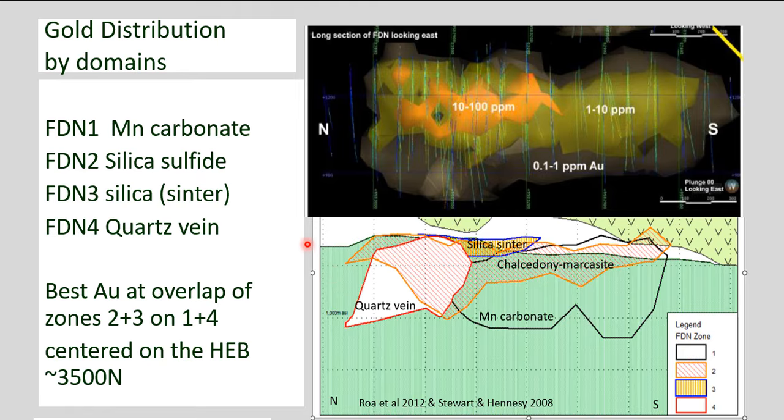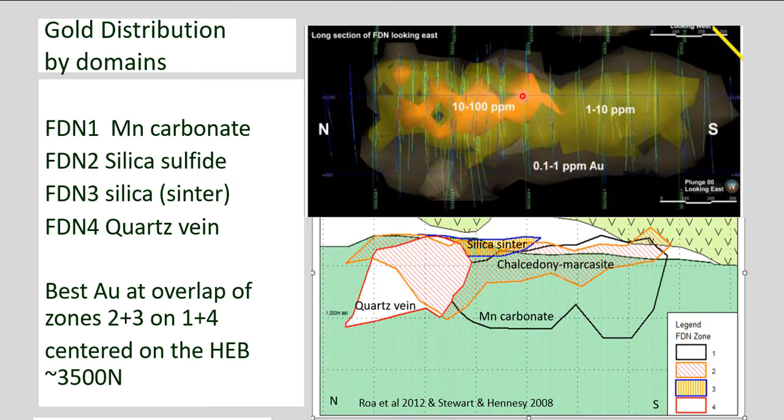This shows where the grade is best. Where the chalcedony marcasite zone overprints the quartz veins and the manganocarbonate zones, that's where it's 10 to 100 grams. You can see that in the grade diagram above.